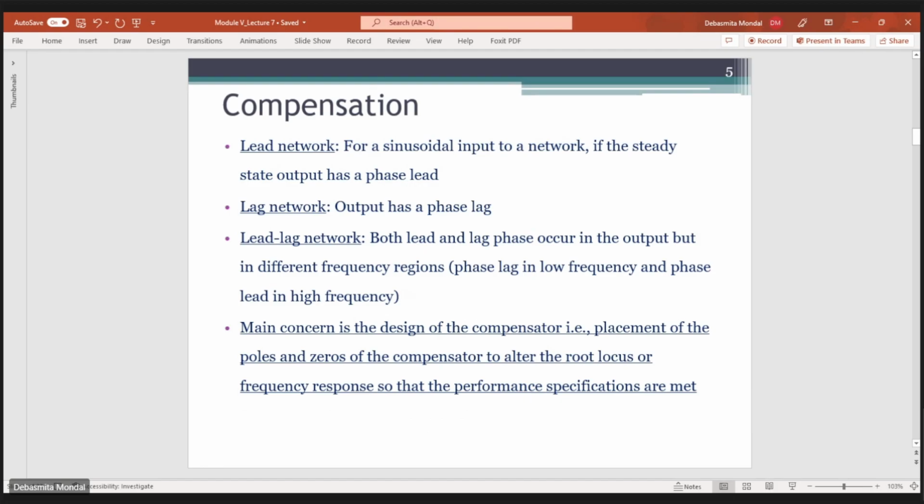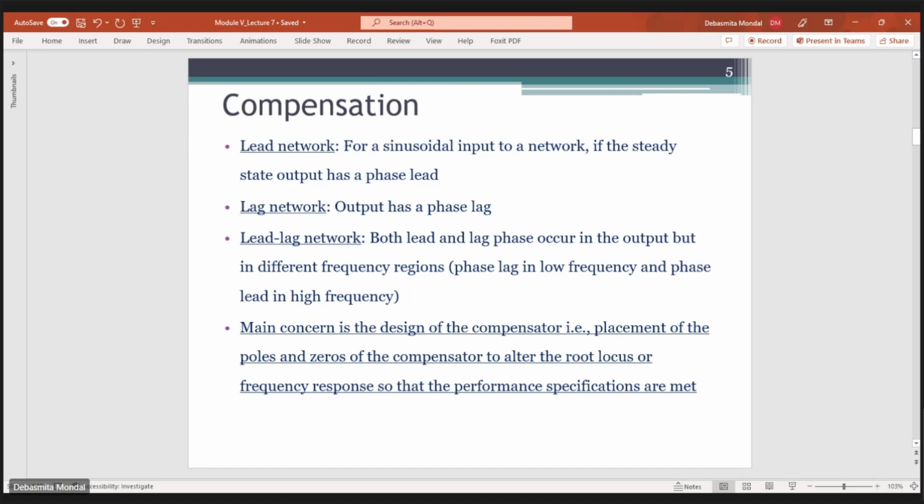In case of a lead network, if we provide a sinusoidal input to that network, the steady state output of the system has a phase lead with respect to the sinusoidal input. So the output of the compensator has a leading phase angle with respect to the sinusoidal input, and then that network is known as a lead network.